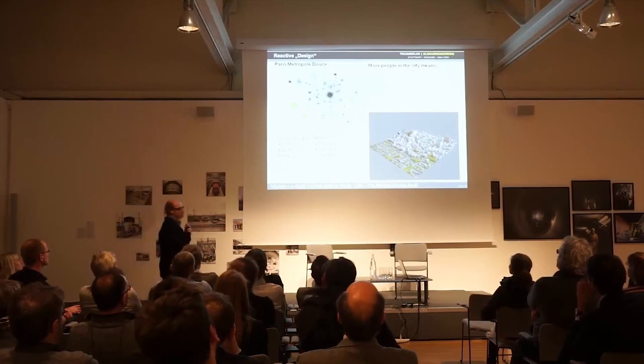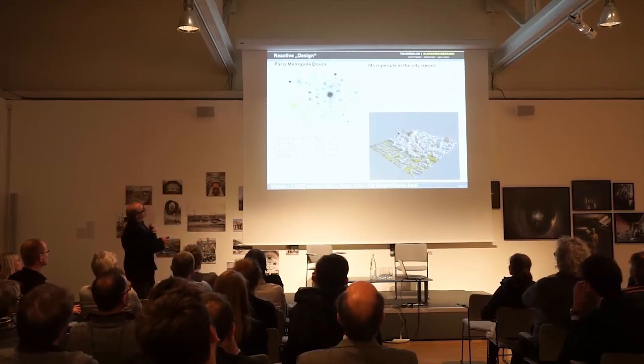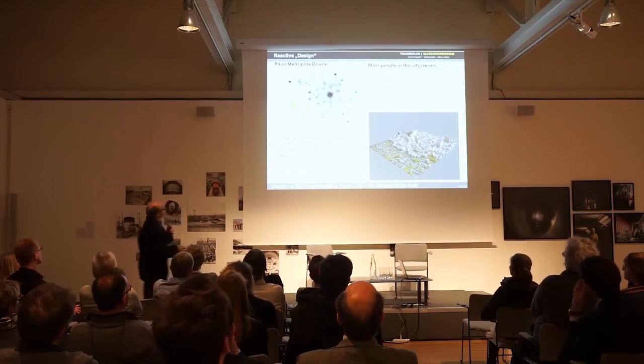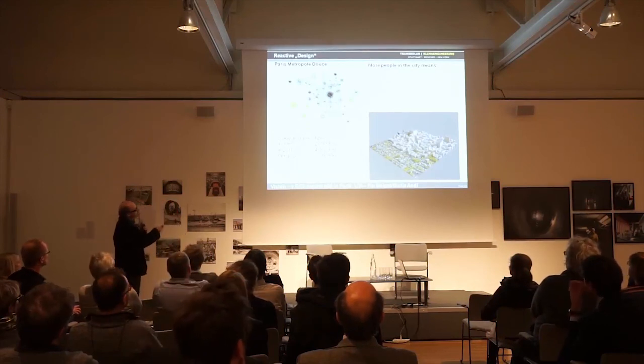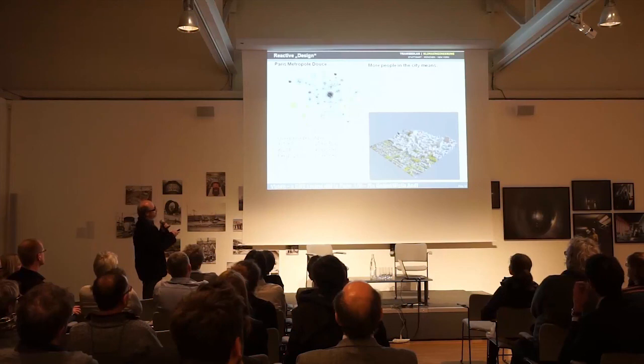In the same competition of this Paris 2030, we worked with Finn Geipel and Julia Andi, and we developed a model which we called Paris Métropole 12, with hotspots where we have higher densities and then spaces in between where hopefully there's more nature.